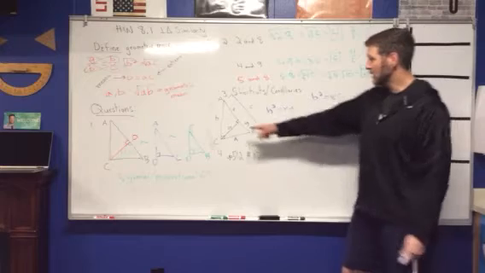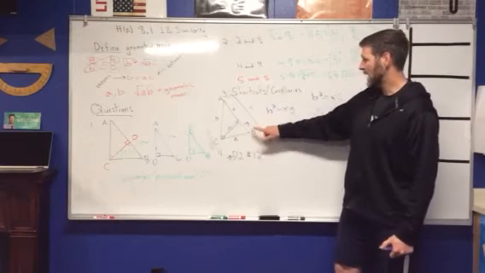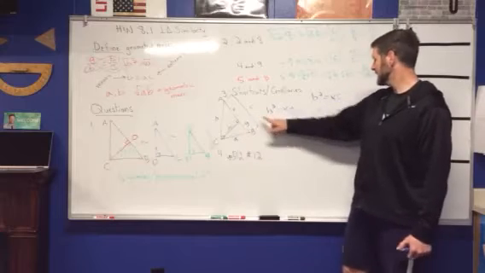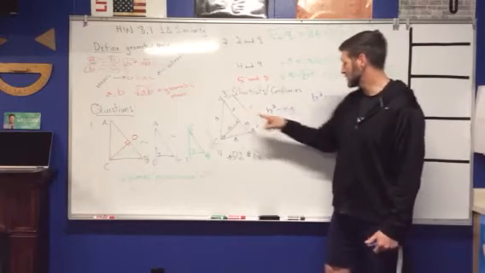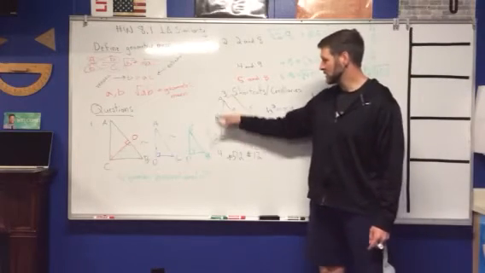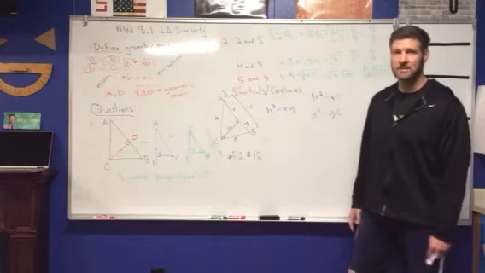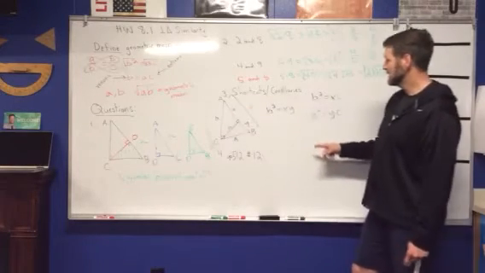So that way, if I know C and A, I can find Y. If I know Y and A, I can find C. Same thing, if I know B and X, I can find C, or any of those three. So between these three formulas, knowing two sides, you can find all the other sides of a right triangle and all the different pieces within it.